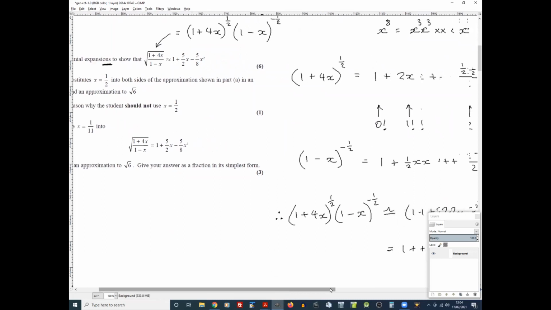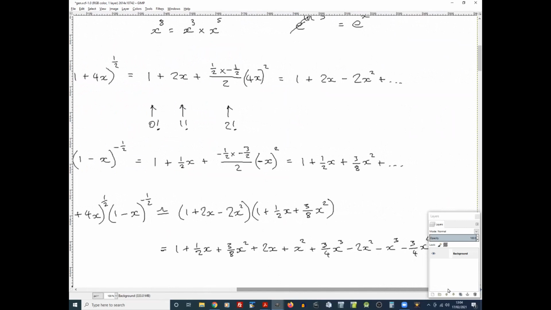Any higher powers, we're going to assume are not worth worrying about. So the cubic terms we could just cancel, or quadratic, yeah. Not the quadratic as in square, but you mean quartic. Quartic, yeah. That's the word, isn't it?